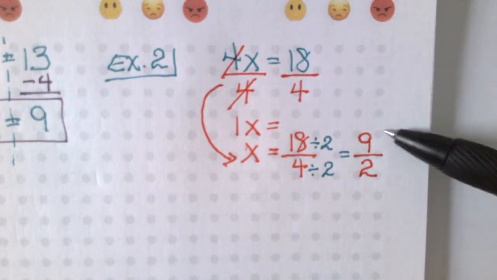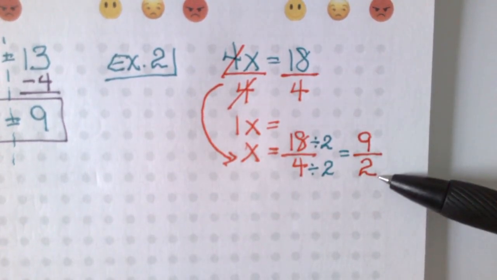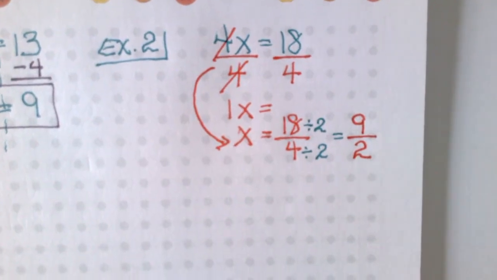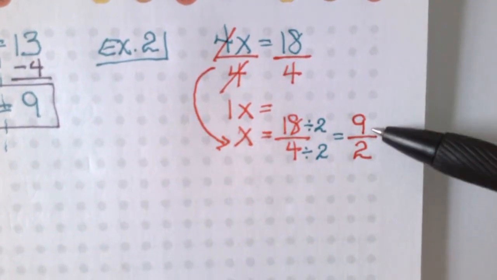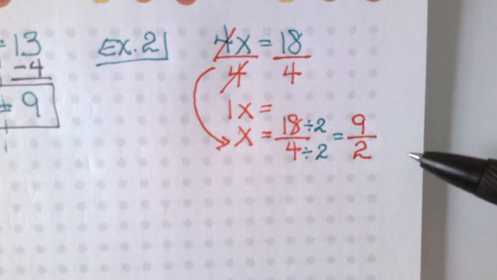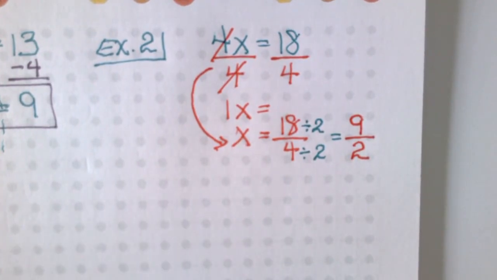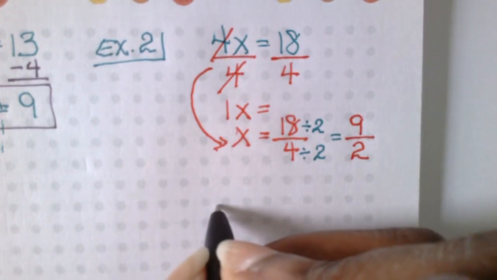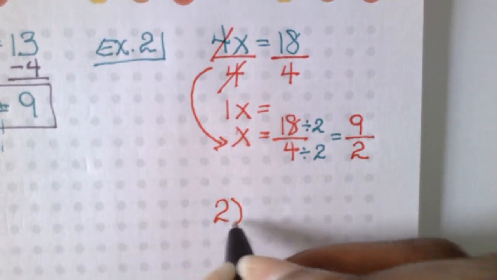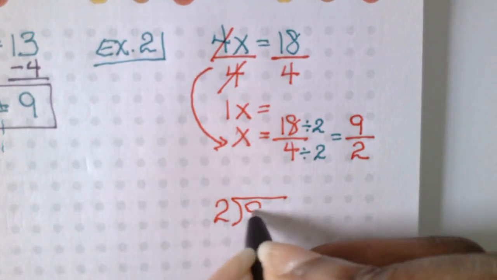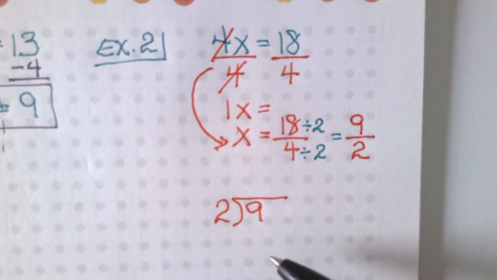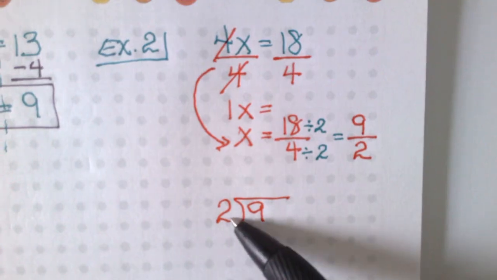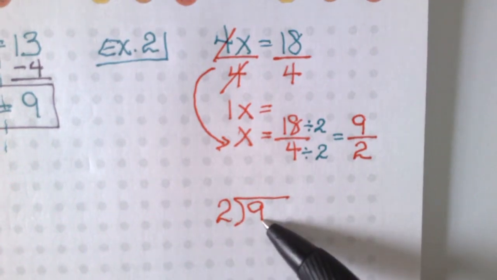But if they ask for this as a decimal, that's when you divide, okay? So they might answer it like this, which is an improper fraction. But if I need it to be a proper fraction, you're actually going to divide. So you're going to say to yourself, how many groups of 2 can give me close to 9 without going over?